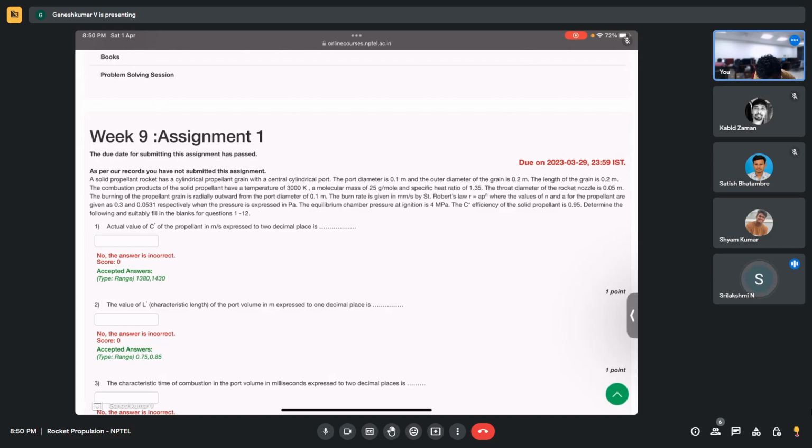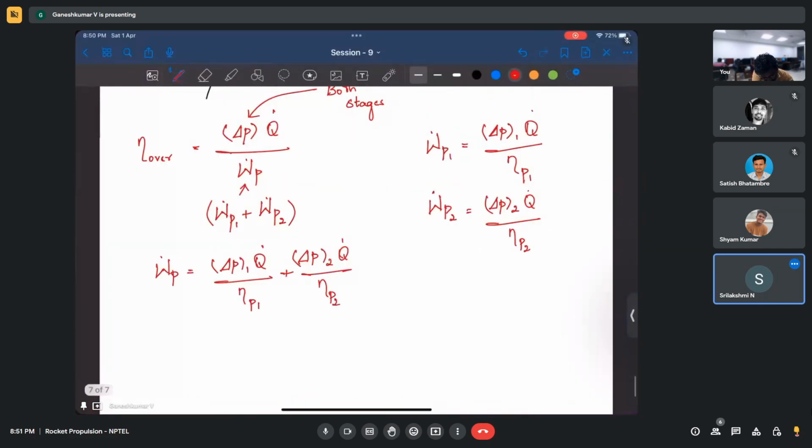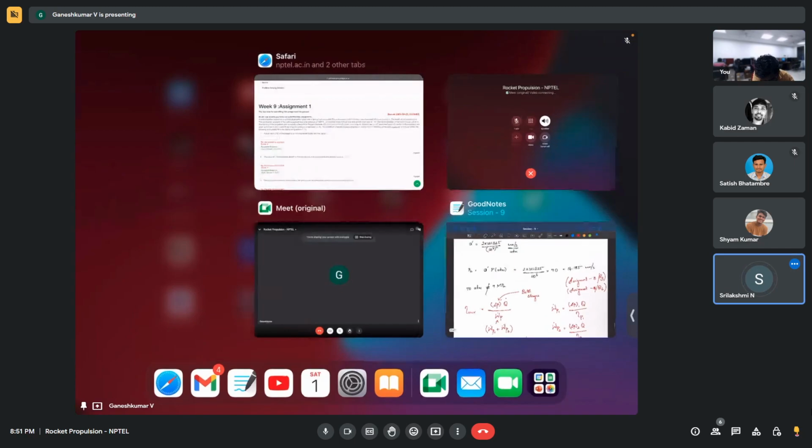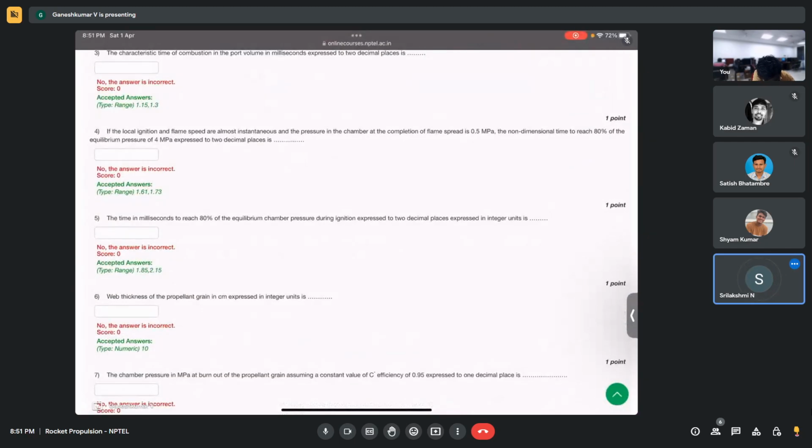The diameter is given, so it's 0.2 minus 0.1 divided by 2, right? I will ask the professor to look into it and maybe reply to you about it. Yes, assignment 9, question 6.